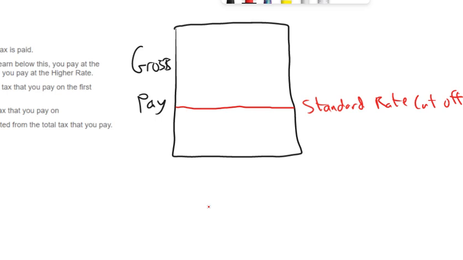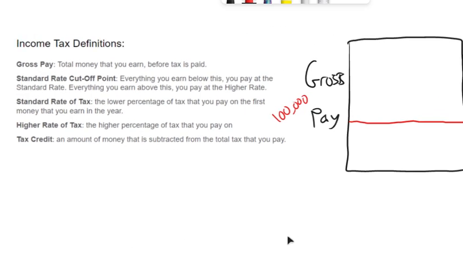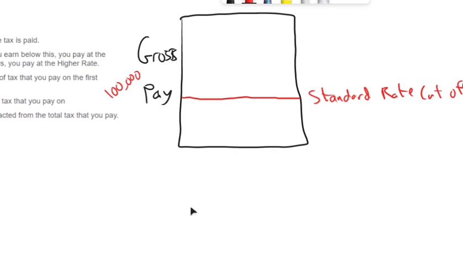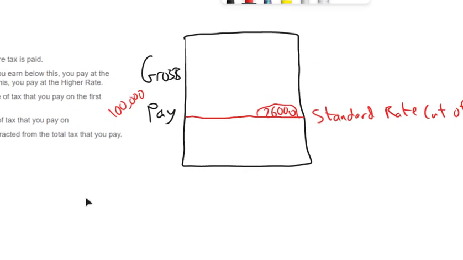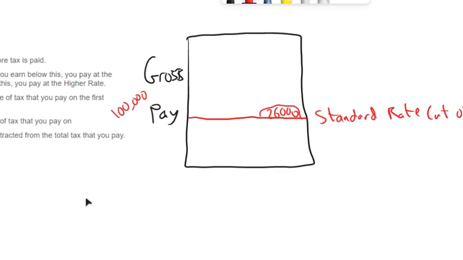Okay, so just say if your gross pay was 100,000, the standard rate cutoff point always changes, and that's given by the government. It could be anything, but we'll say 26,000 or something like that. So if that's the standard rate cutoff point, what that means is that you're going to pay 26,000 at the standard rate, and the standard rate is generally around 20%. So that's the standard rate of tax.